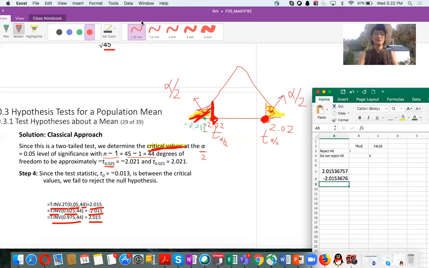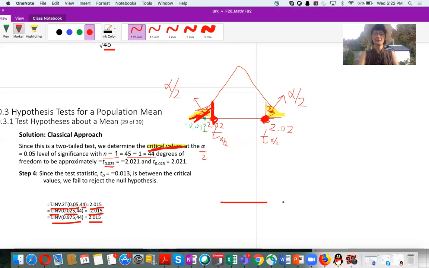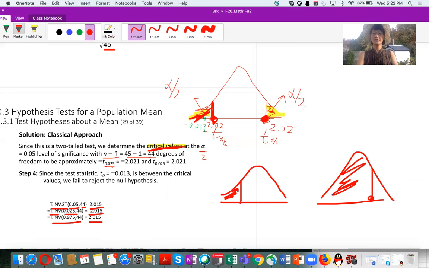because when you calculate critical value, it is based on the area to the left. If you want to find this point, it is based on the area to the left, so you have to substitute this area. What is this area? Because this is two-tailed, you see this is half alpha. Alpha 0.05, half alpha 0.025.